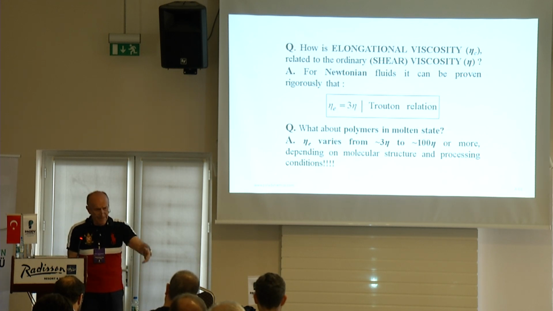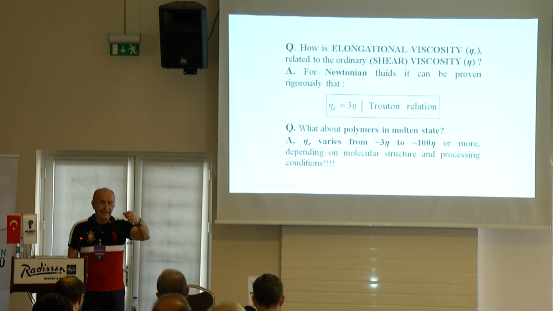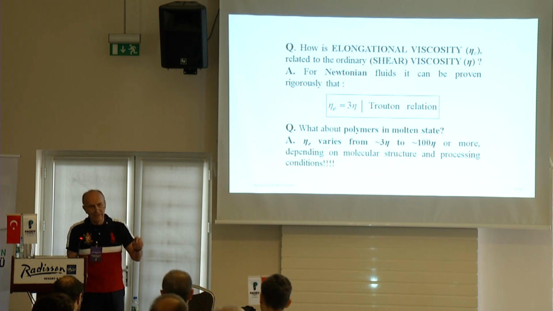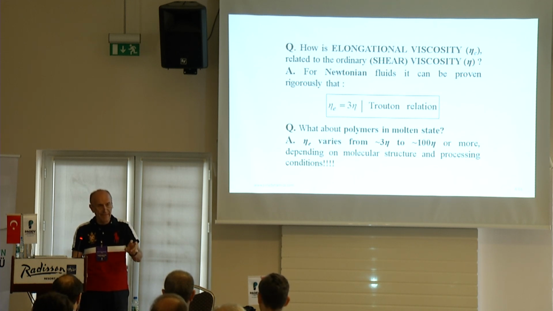It can be easily shown, and I have an example in your book, how you can prove this very rigorously with very simple equations. It takes one page, that for Newtonian fluids, the ratio between elongational viscosity and shear viscosity is a factor of 3.